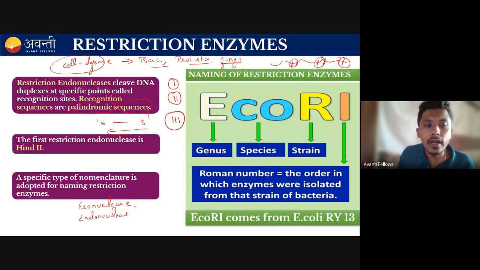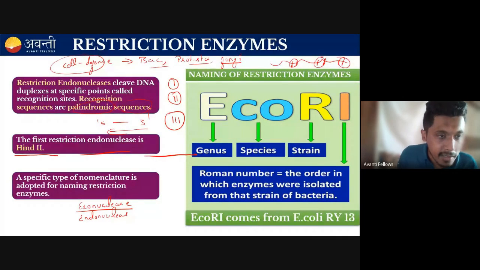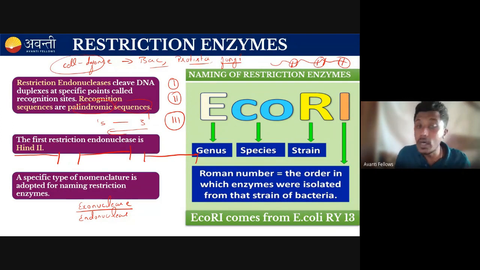The exonuclease version of the restriction enzyme, let us assume that this is our gene. Our exonuclease has the capacity only to cut at the ends. That is its only capacity. So that is why it has very little application in genetic engineering, and we don't use it much.